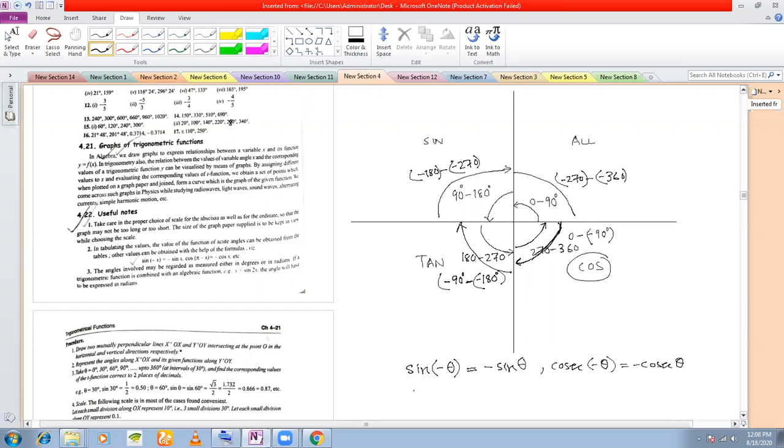Now cos of minus theta. When I'm taking the rotation in this direction, that means I'm in the fourth quadrant, and in the fourth quadrant cos is positive. So cos of minus theta will become simply cos theta. Sec of minus theta will become sec theta. It simply means that cos absorbs the negative sign.